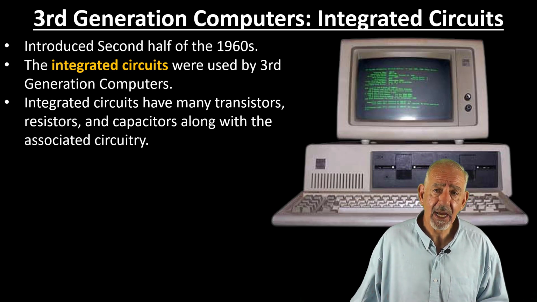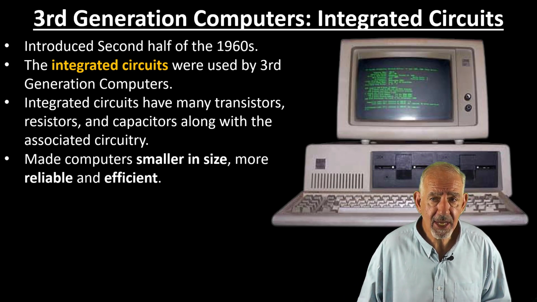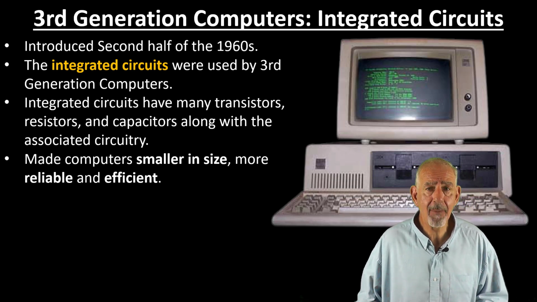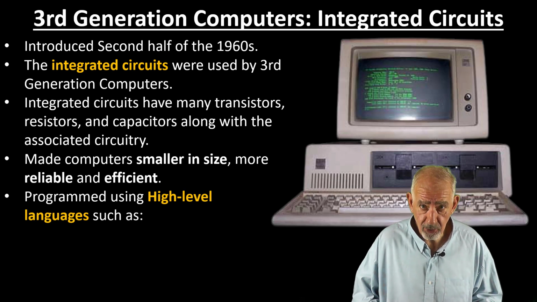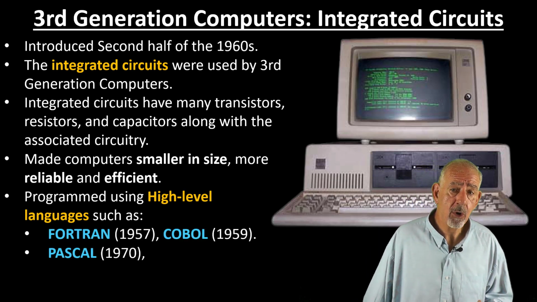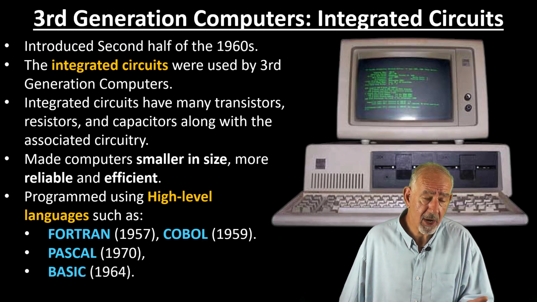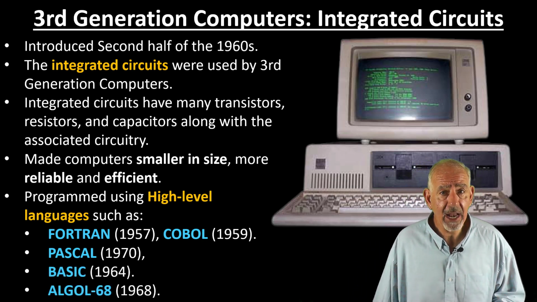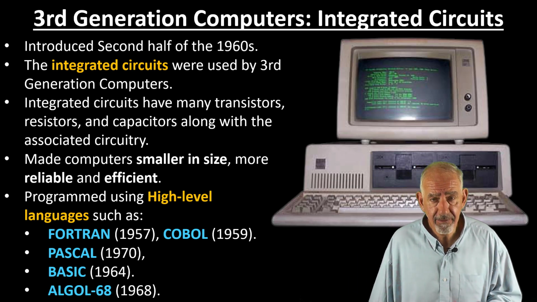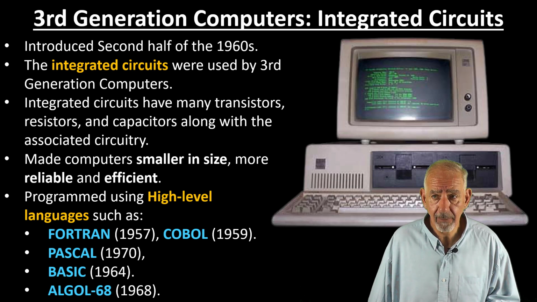So again, it made computers smaller in size, it made them more reliable, and it made them more efficient. And the type of high-level languages, although we still use assembly language in some cases, we had Fortran, COBOL, Pascal, BASIC, which is where I started, and ALGOL, and a few others as well. So this third generation became a bit faster and it became smaller.